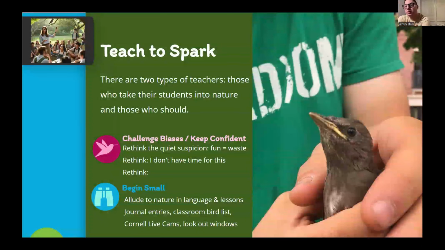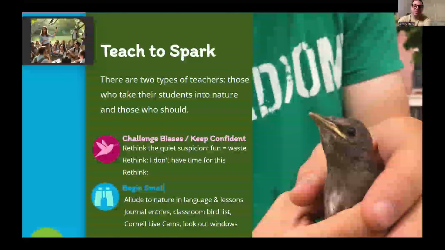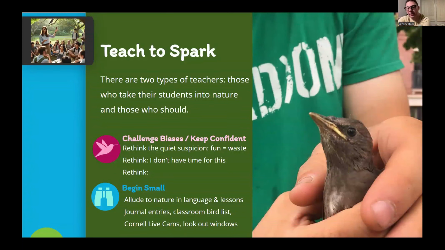I love to do journal entries at the beginning of class, and so I'll ask things like, "What's your favorite season? What are some things that you notice in fall? What do you like about the snow? What do you enjoy about trees? What's your favorite tree and why? What's your favorite fish and why?"